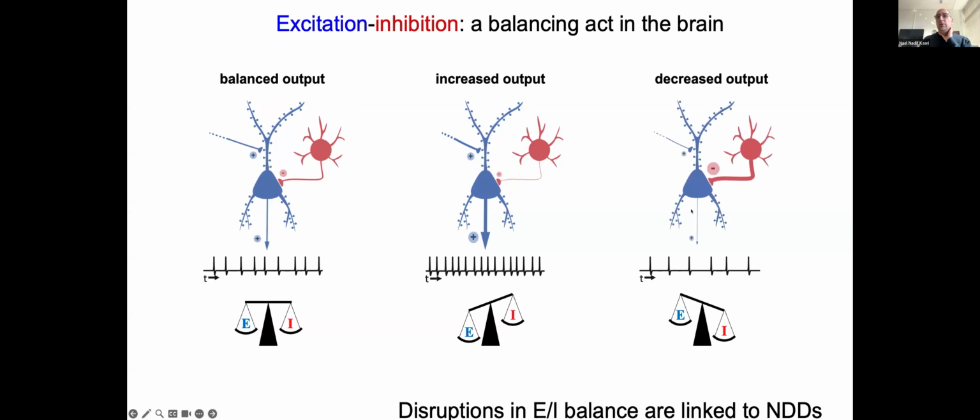The opposite is also possible, where there is more inhibition and less excitation, and then the activity would be blunted. And like I said, this is a framework that was described 20 years ago, and I think there's a lot of evidence supporting this, but it has not been so straightforward to measure this kind of balance with stem cells in a dish, nor has it been very easy to measure this with EEG, so on the patients themselves.